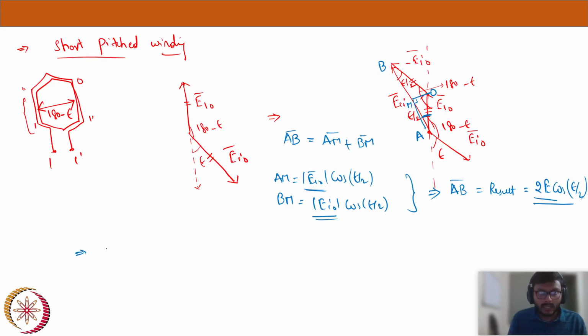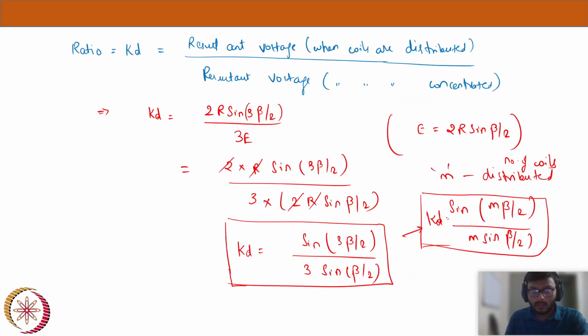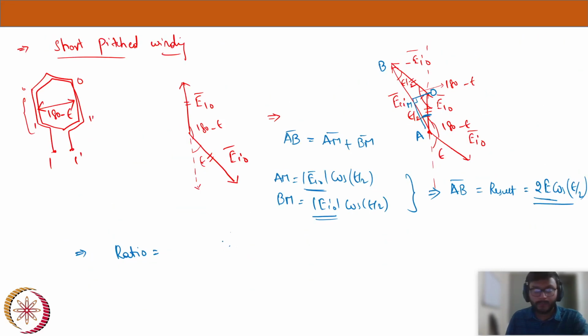Now let's take the ratio in both cases. We already calculated for full pitched. What is the full pitched resultant voltage we got? 2E. In short pitched, it's 2E cos epsilon by 2, and in full pitched, it is 2E.